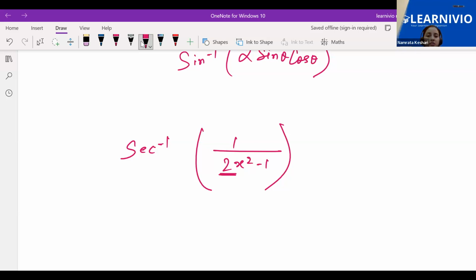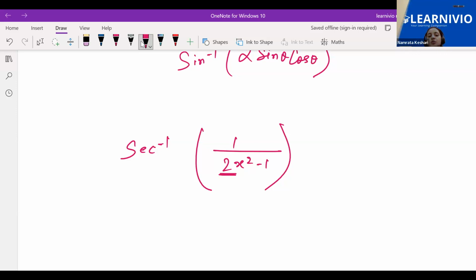No. If we take tan theta, 2 tan, cot theta, 2 cot, just because of this 2 we are not able to think. And we cannot do anything with this 2.